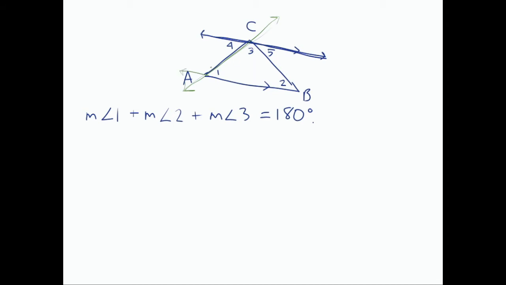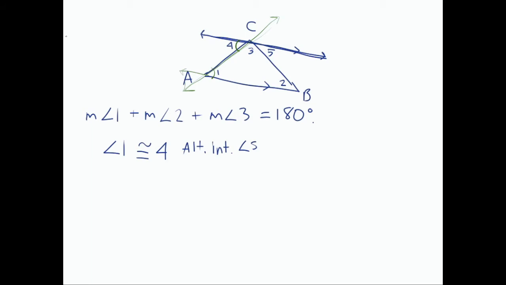So angle 1 and angle 4 are what we call, can you remember? Angle 1 and angle 4 are alternate interior angles. So I can write angle 1 is congruent to angle 4 because they are alternate interior angles.